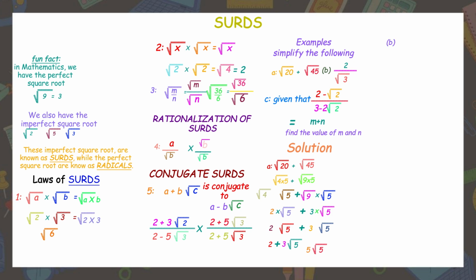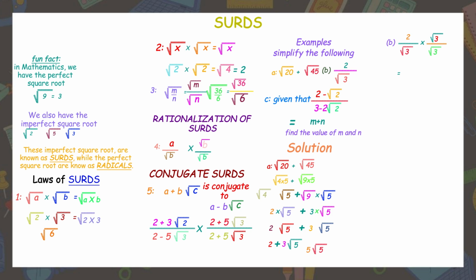The next question, B. We are to simplify. This one is the rationalization of surd. We have to rationalize this surd. And how do we do it? We multiply both the numerator and the denominator by the denominator.